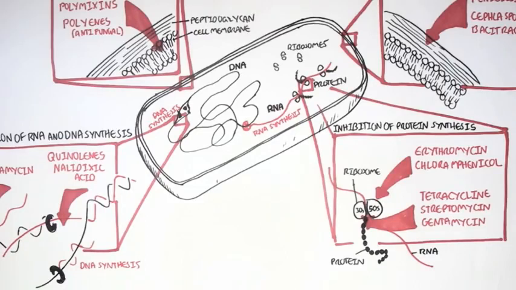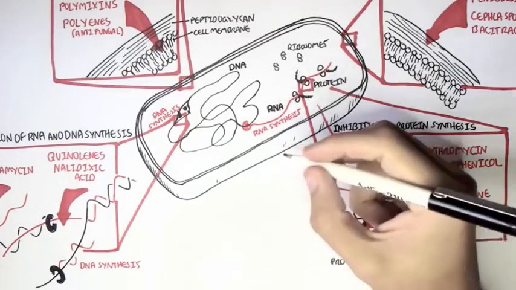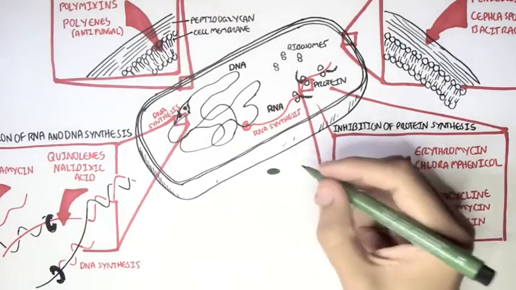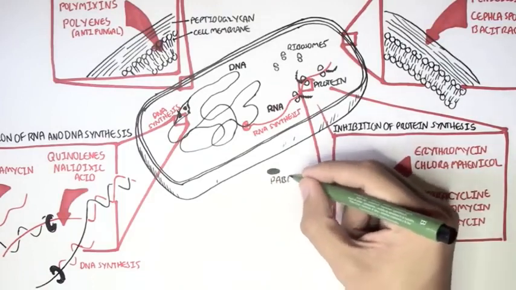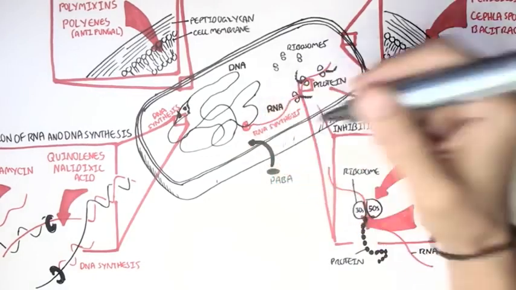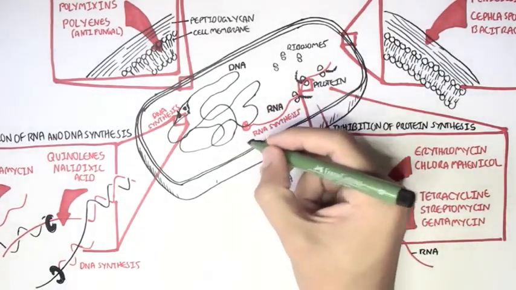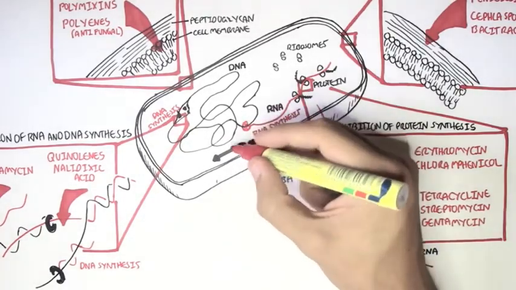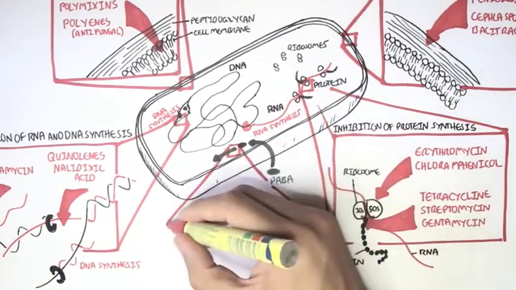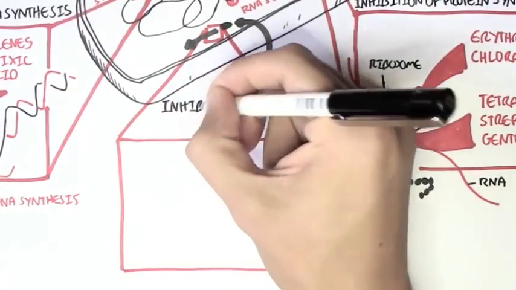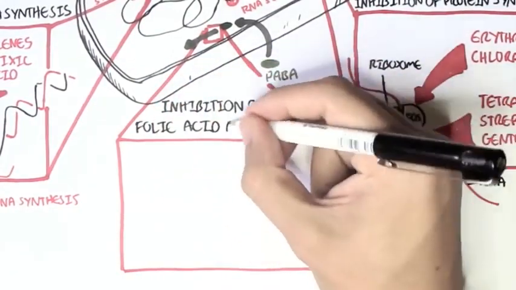The last type of antibiotic are the ones that inhibit folic acid metabolism. Normally, this green thing here called PABA, which stands for para-aminobenzoic acid, is a precursor to folate. So the bacteria can metabolize PABA into folate. There are antibiotics that inhibit folate or folic acid metabolism.